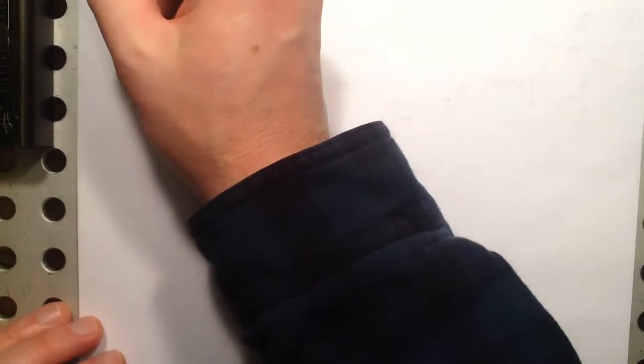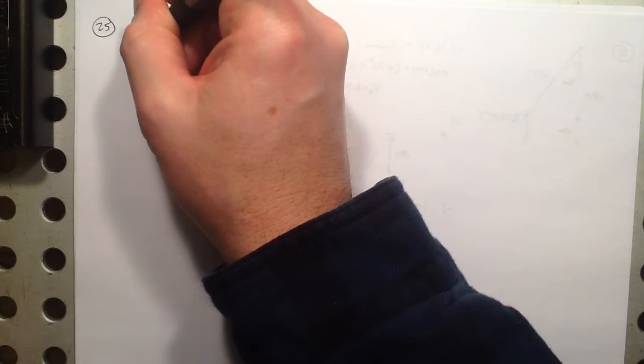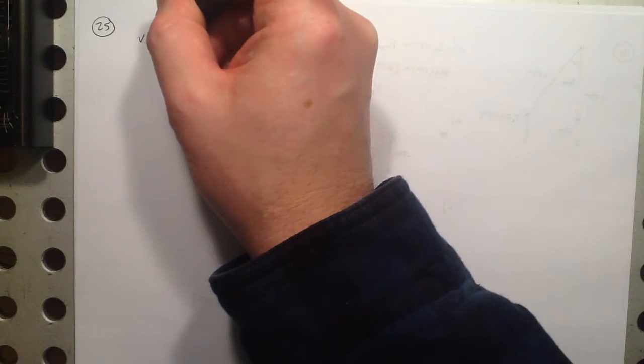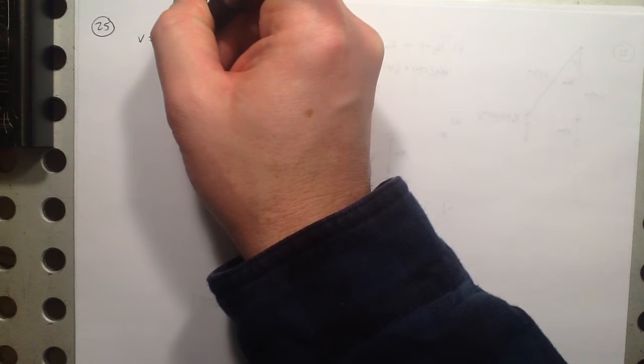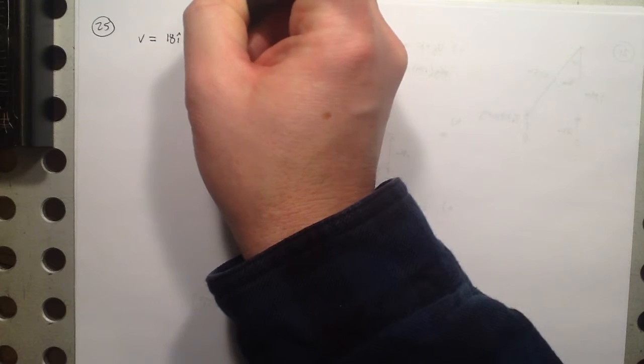All right, last one. 25. Good thing you only get 4 problems at a time in physics, huh? So let's see. At time 0, a 1 kilogram ball is thrown from a tall tower with a velocity of 18i plus 24j meters per second.